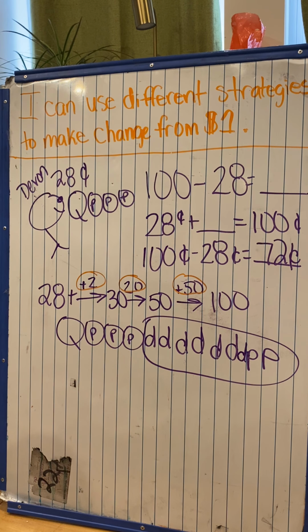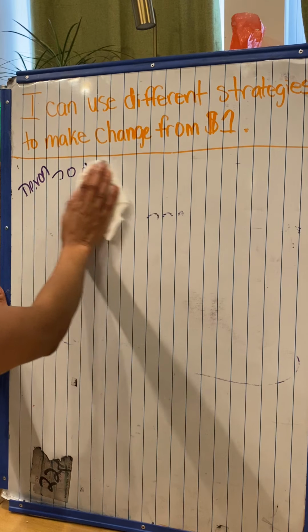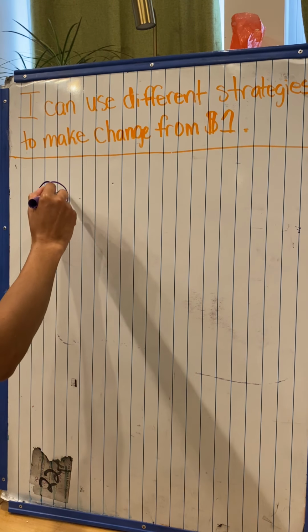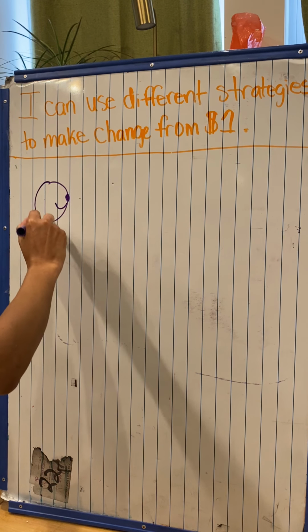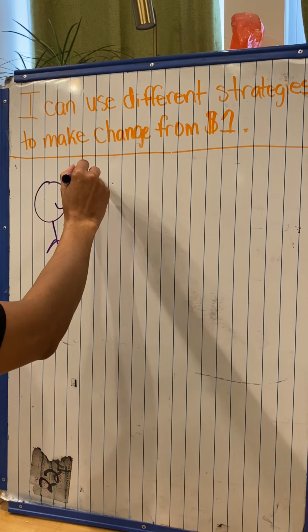Awesome. Let's try some more problems with making change from $1. All right, this time I'm going to give Mally some money. She's happy because she's getting some of my money. I'm going to give Mally this amount.